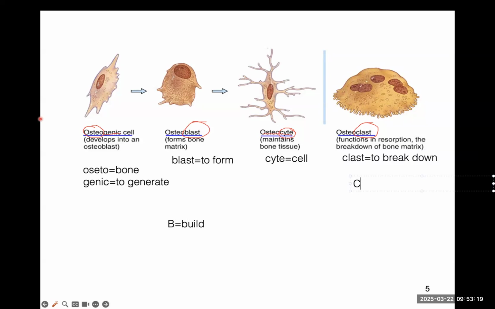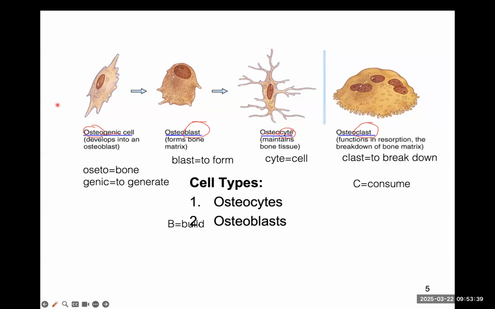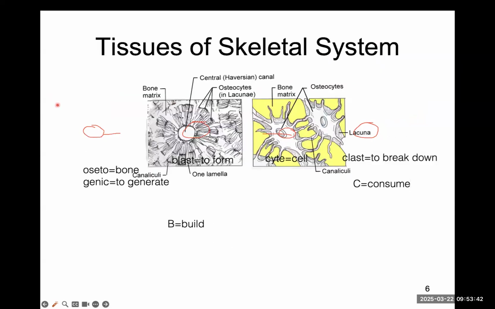That has a C in it, so the best thing we can think of is to consume. It breaks down or consumes bone, consumes the calcium and breaks it down so it can be recycled and used in other parts of your body. So I hope that helps you remember it. We have osteocytes, osteoblast, osteoclast, and then we have this slide.